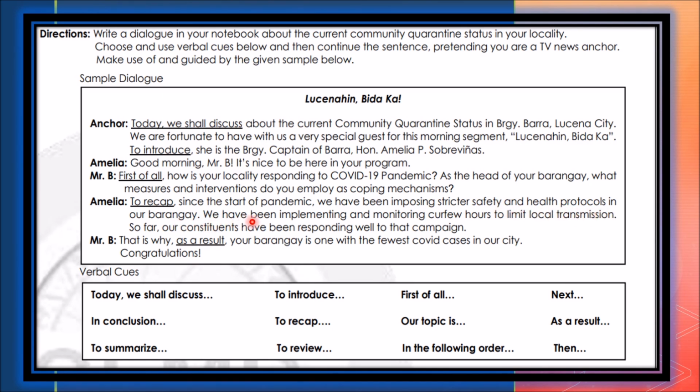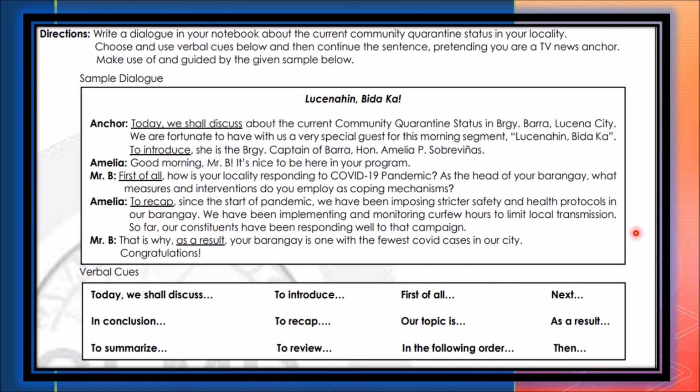We have been implementing and monitoring curfew hours to limit local transmission. So far, our constituents have been responding well to that campaign, Mr. B. Mr. B: That is why, as a result, your barangay is one with the fewest COVID cases in our city. Congratulations!